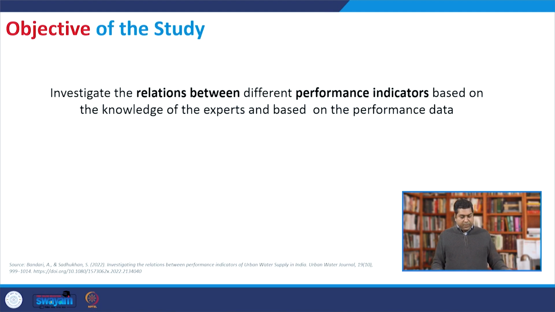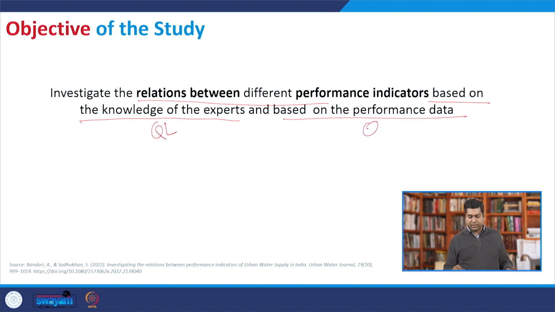With that, the objective of the study was set to investigate the relations between different performance indicators of service level benchmarks of water utilities based on the knowledge of experts. This is the first part, and the second part is based on performance data, which is much more of a quantitative approach.